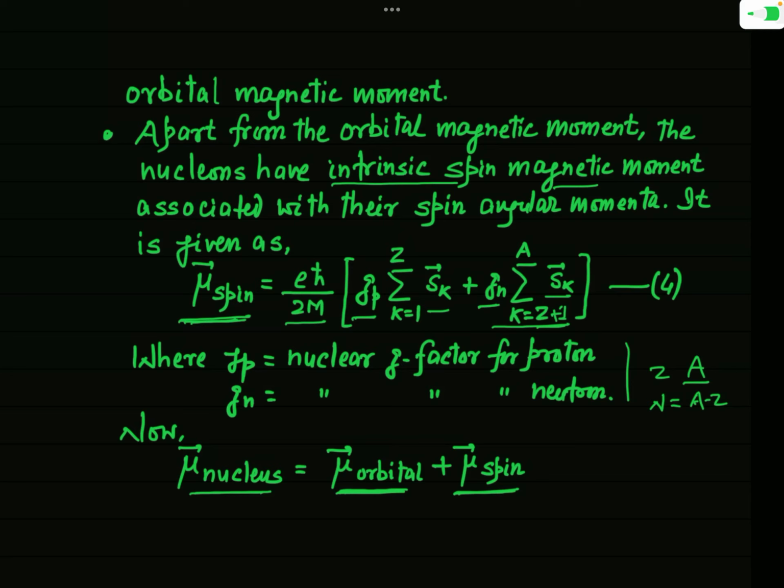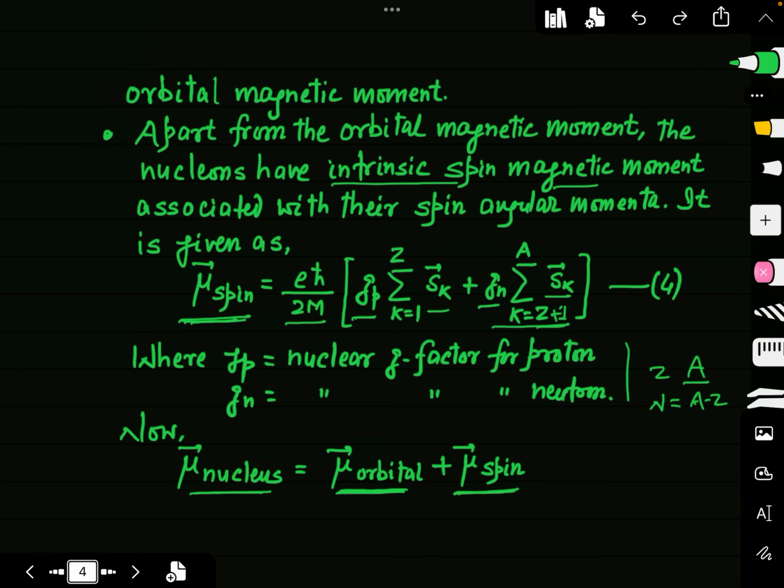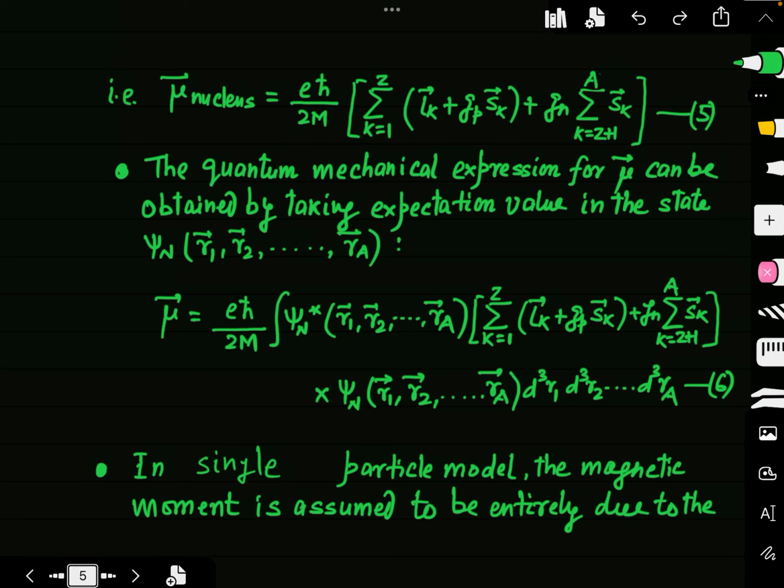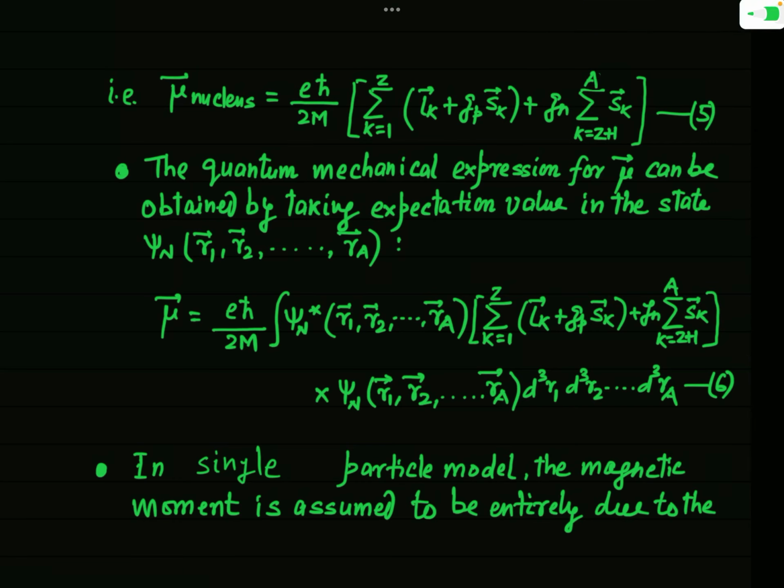Now you have seen the expression for mu orbital and mu spin. So now we will simply substitute the values of mu orbital and mu spin to get the total magnetic moment of the nucleus. You can see mu nucleus will be equal to mu orbital.